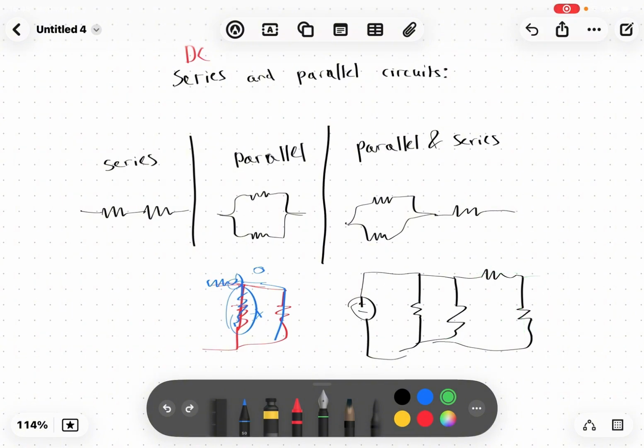Also, if there was something here, you would still be able to call them series because the current over here is the same. But if there was something here, you can't say that's series because the current here is different from here, because over here it takes some away, and then when it goes here it takes some away. This is not series. It is parallel.